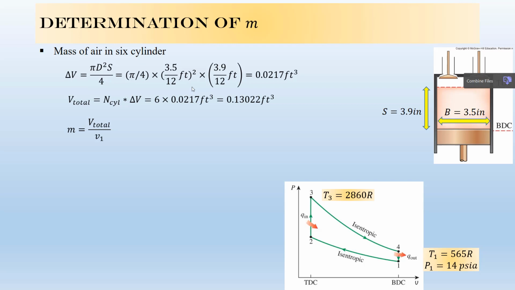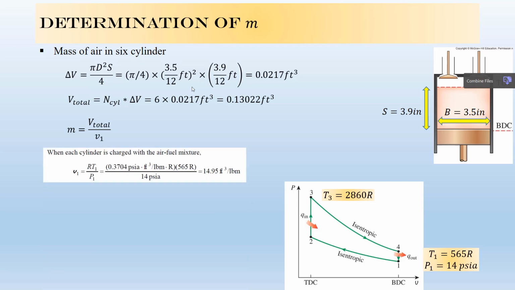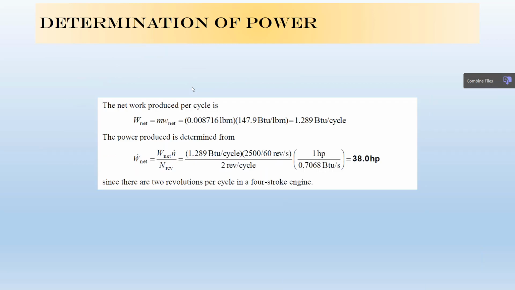Please pause this video, spend 2 minutes, find nu 1, and then from nu 1, find M. Okay, so from here you can find nu 1, and then we can find M. This is the M total. Now we have the M and the W per unit mass, and from here you can find the total W, and then eventually you can find the power.